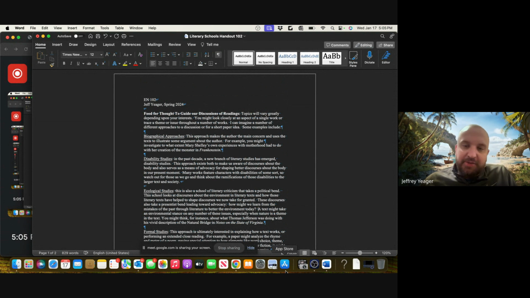For instance, a novel that I often like to teach is Mary Shelley's Frankenstein. Well, Frankenstein is a novel about a mad scientist bringing a dead corpse to life. But during the writing of it, young Mary Shelley, who was writing the novel when she was close to 18 years old, suffered through a miscarriage.